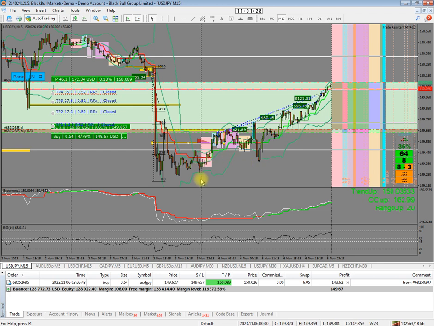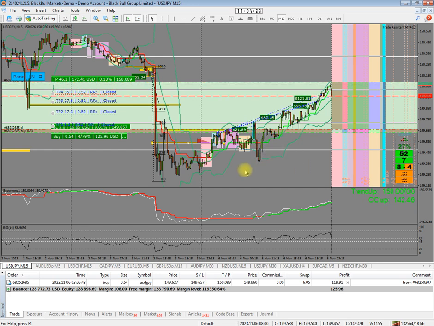And this is the start of the day here. This is Monday. This is New Zealand, Australia, Tokyo, Singapore, Hong Kong. This is Mumbai, Dubai, and Moscow. Then we head into the London session.